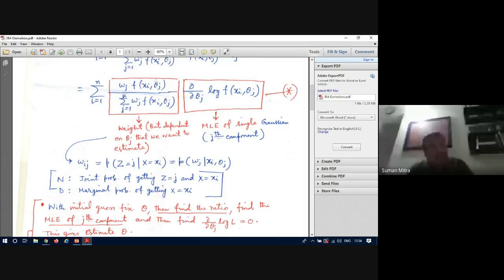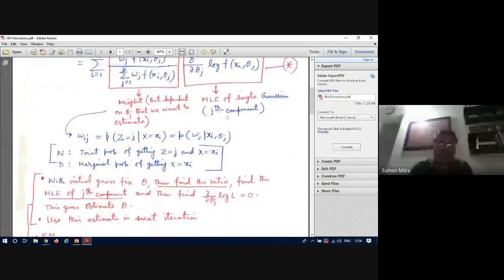But I request you to remember this is the ratio: wj f(xi, theta j) over summation j equal to 1 to k wj f(xi, theta j). So this is a ratio, n by d, multiplied by the MLE of a single Gaussian for the jth component.